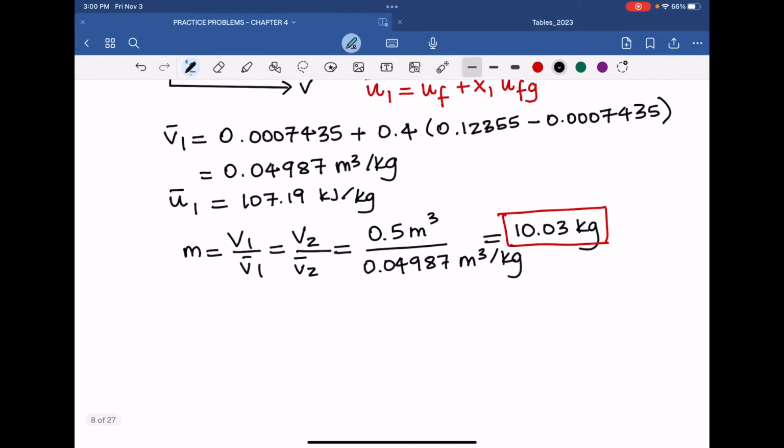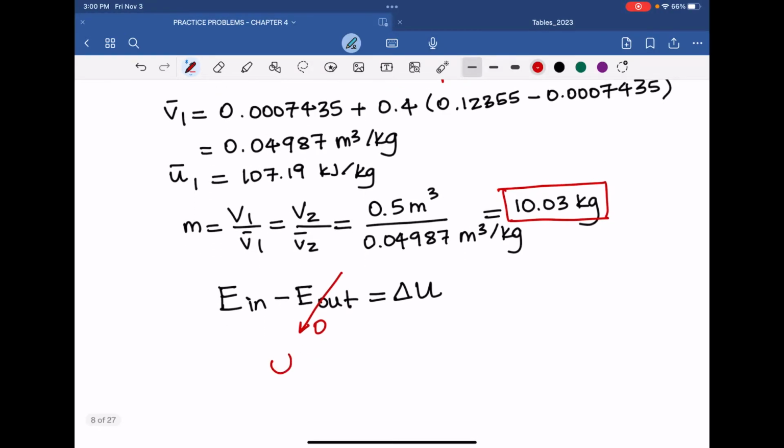And if you don't know directly that equation in your mind, you can just start from the general form of the energy balance, and notice here that the only energy interaction taking place is the heat that is getting in. So the heat that is getting in is changing the internal energy of the refrigerant.